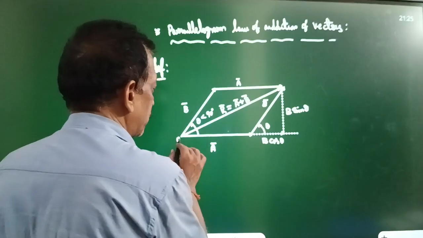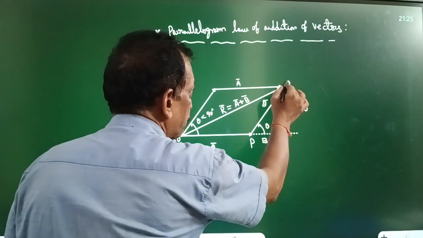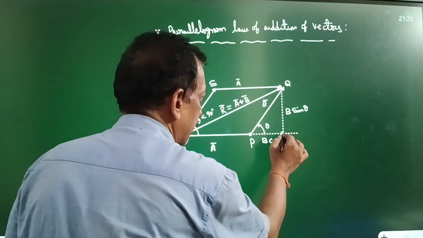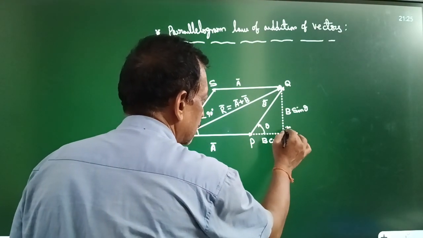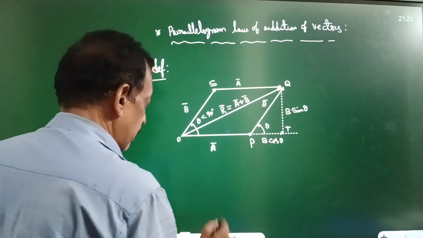Now I can put the names: vertex O, P, Q, S, and T here.